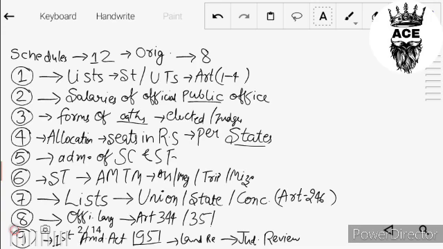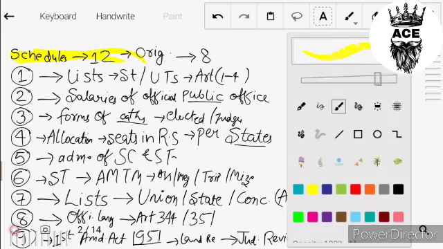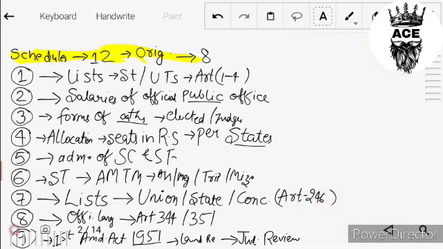So what we have discussed until now is schedules. How many schedules are there? There are 12 schedules, but originally there were only 8 schedules in the constitution. First schedule will deal with the lists of what?